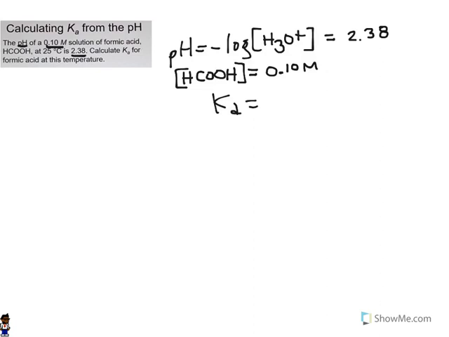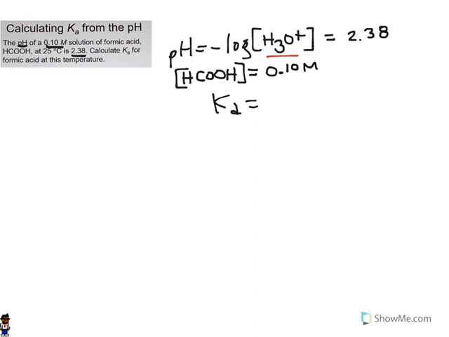You should always know what the products of that are. You're just stripping off a hydrogen from that acid, and that goes to the water, which is going to form your hydronium, and then your conjugate base is left over.